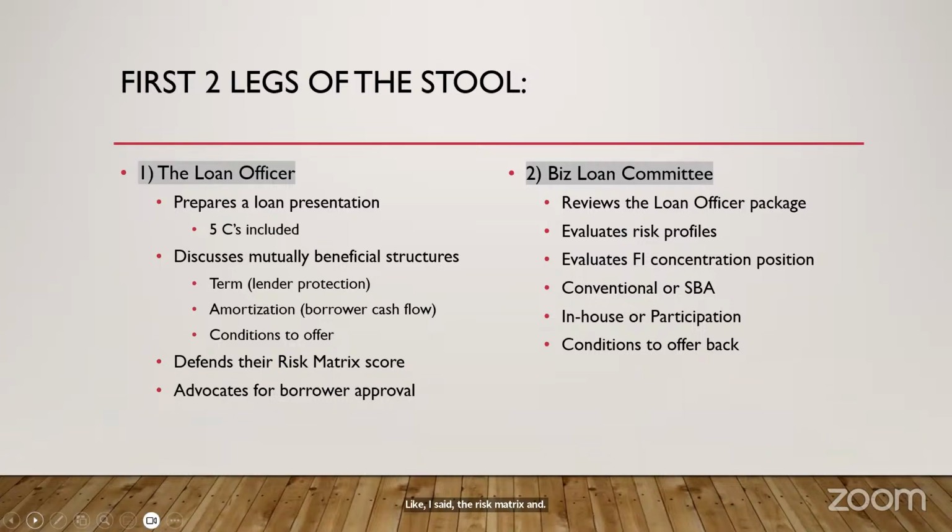Once the Business Loan Committee reviews it, they might provide additional conditions to offer back to the borrower. Maybe they agree with the UCC filing, but also want all the tenants to sign a non-disclosure agreement to confirm that everyone is covered and protected.